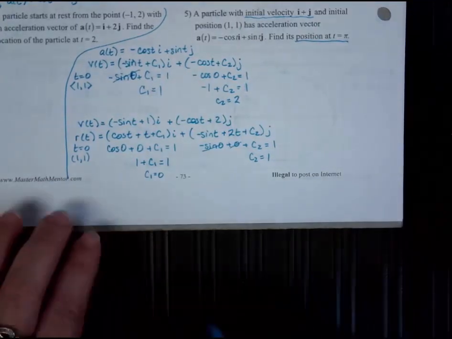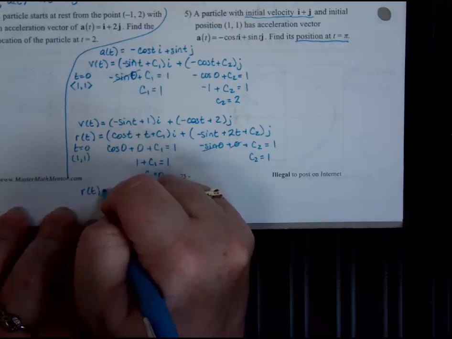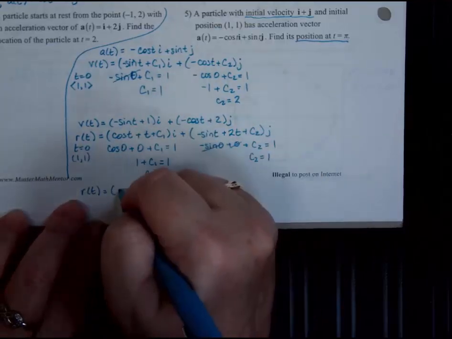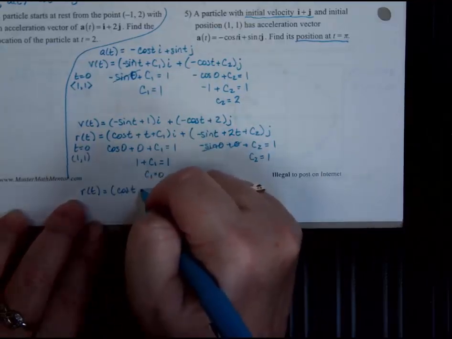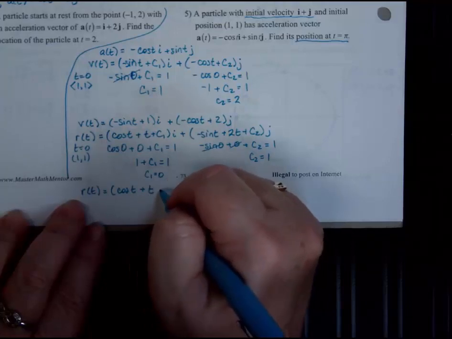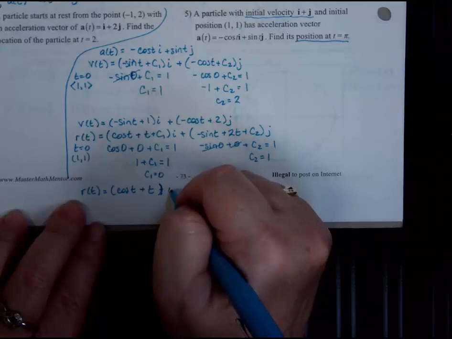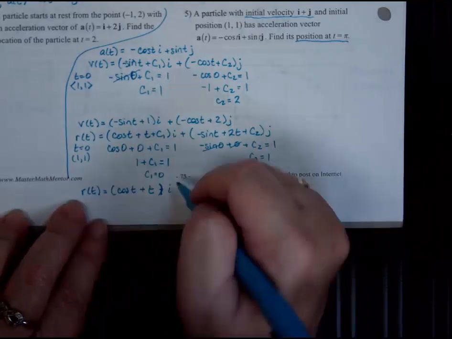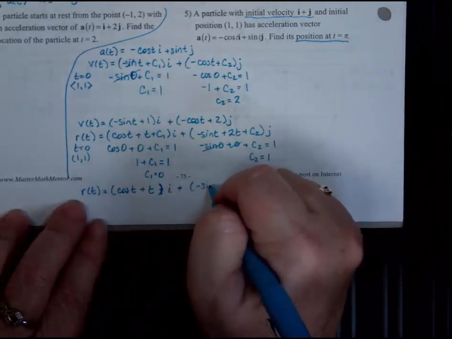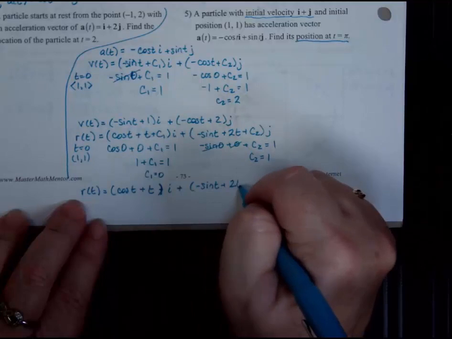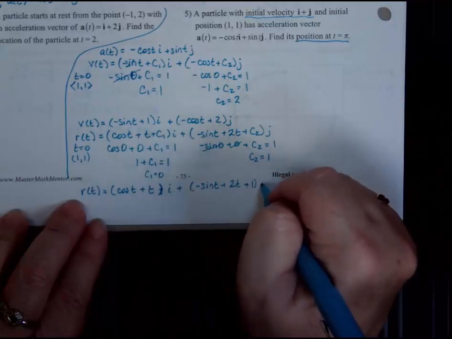So now we write our equation with our C's: cosine t plus 0, close parentheses because I don't need anything, i, plus negative sine t plus 2t plus 1 j.